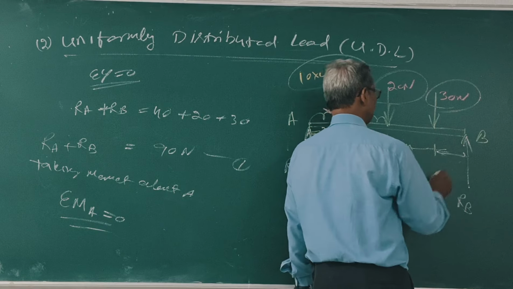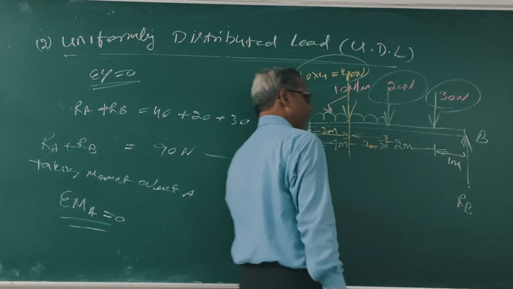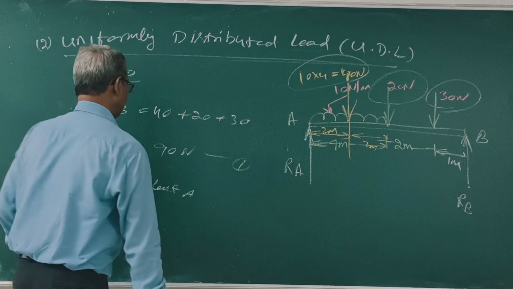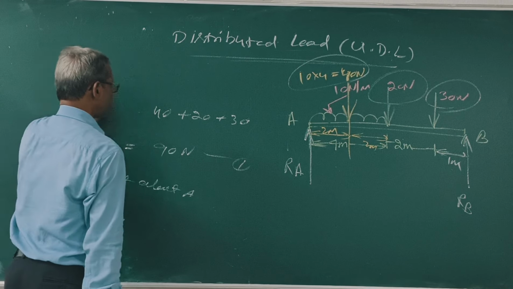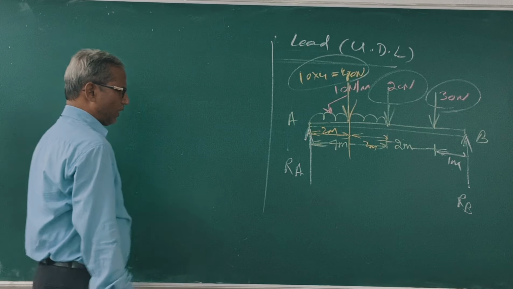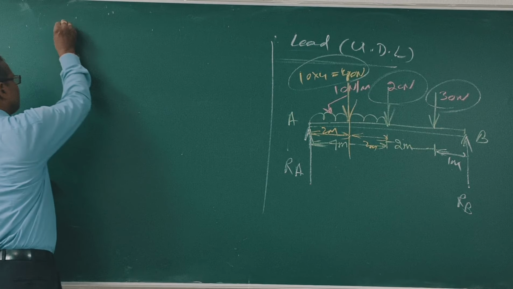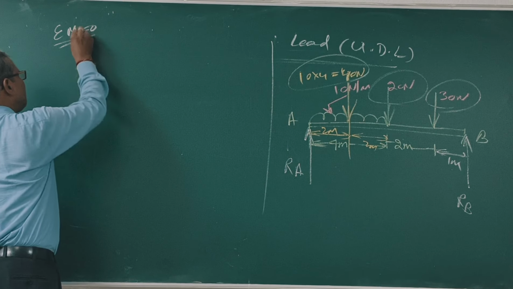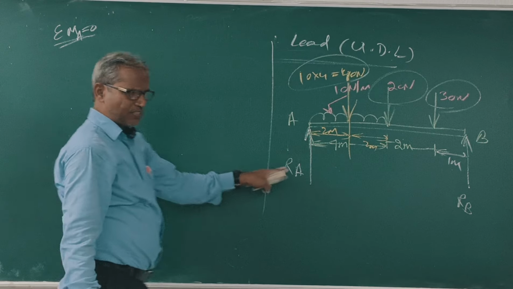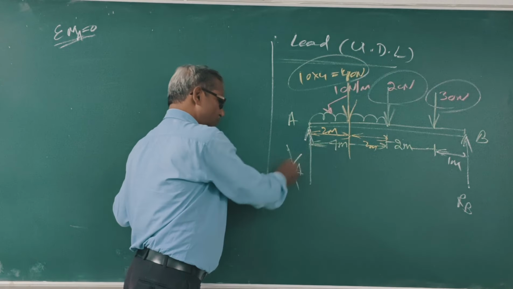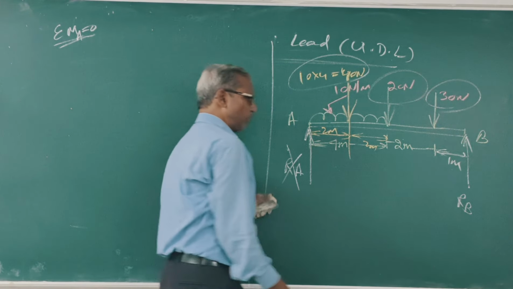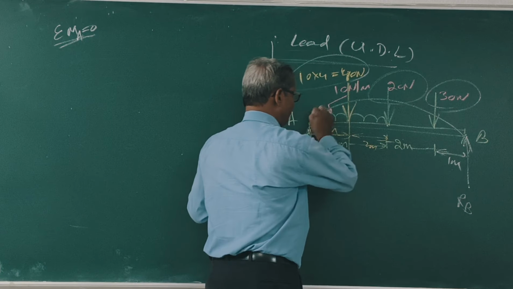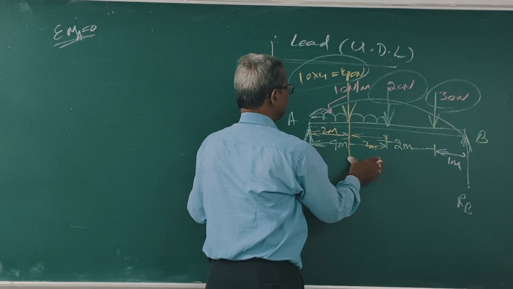One meter. Clear? Now, about A, sigma M is 0. About A, RA passes through it, so its moment is 0. Next, what is RB? RB into 4 plus 2 plus 1, 7.